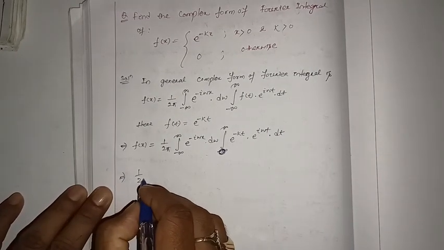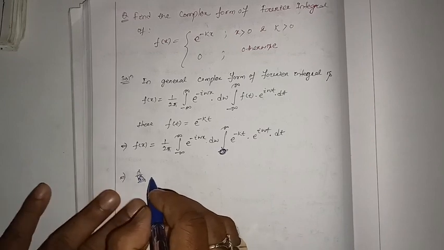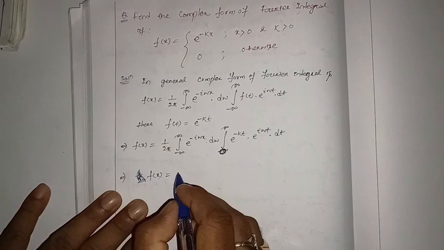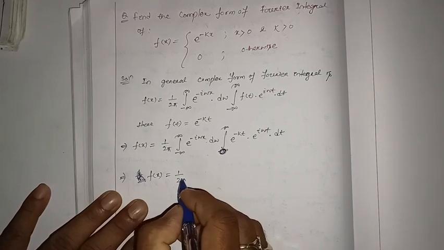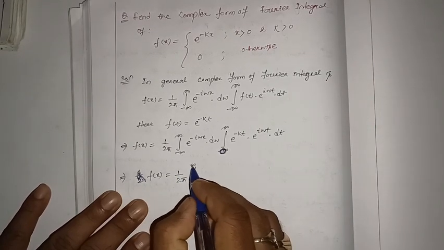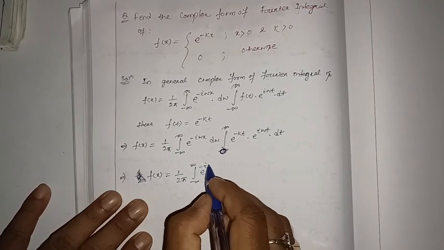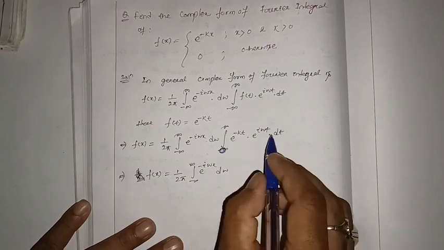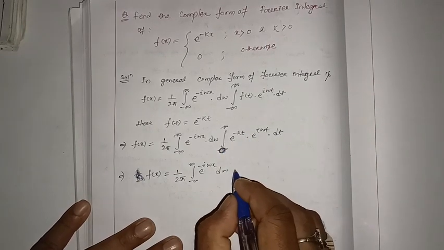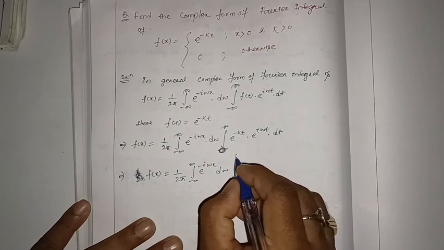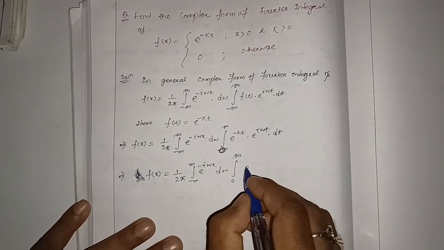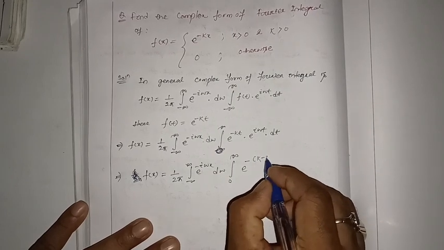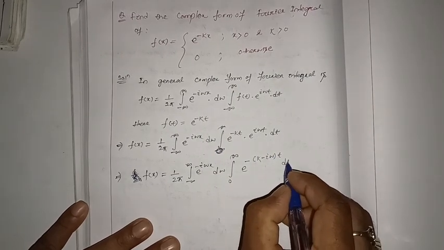That implies f of x equals 1 by 2 pi, integral from minus infinity to plus infinity of e to the minus i omega x. Now you have to rewrite this like this: the integral from 0 to infinity of e to the power minus k minus i omega into t dt, right?